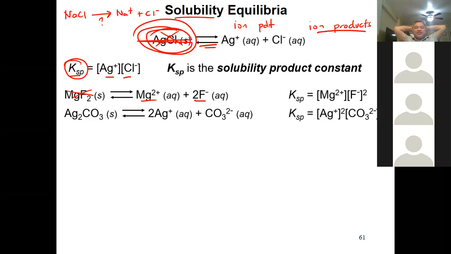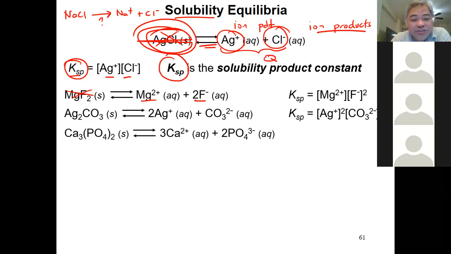So the expression here in terms of Ksp is just in terms of the amount of ions that form. Now, you can relate this ion product to what you learned in equilibrium as Q. Depending on the ions that are present here and here, if you multiply them, you can compare it with the Ksp.